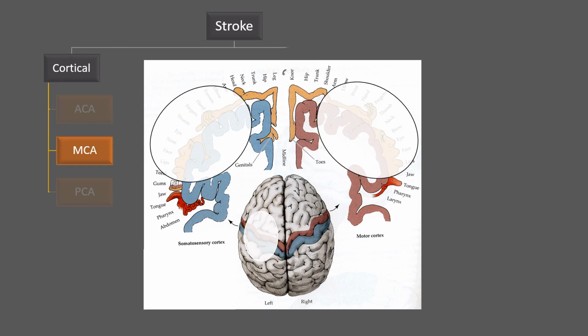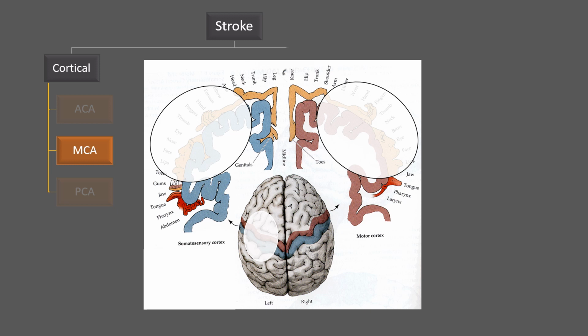Middle cerebral artery stroke is the most common type of stroke among all other types, and its presentation can be suggested from this homunculus of the body in the cerebral cortex. As we see, it's reversed, so the arms and face are the most targeted area supplied by the middle cerebral artery.